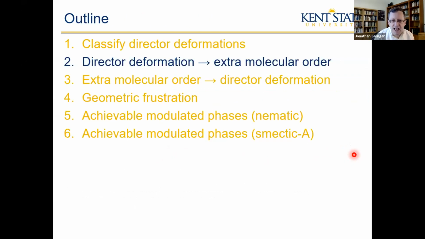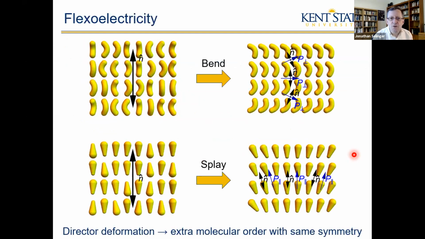Step 2 in this ideology is to notice that each director deformation can induce some extra molecular order in the nematic phase. For bend and splay, this is just the flexoelectric effect, as you all know very well.